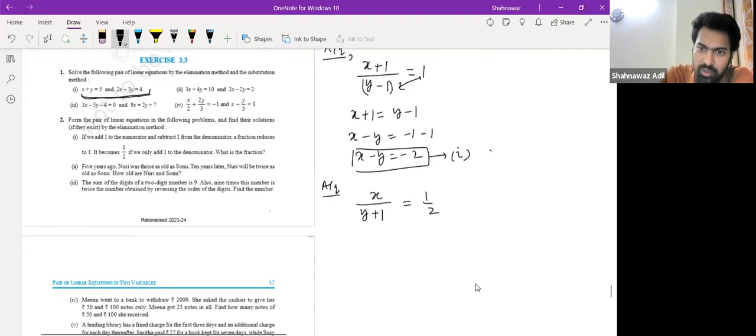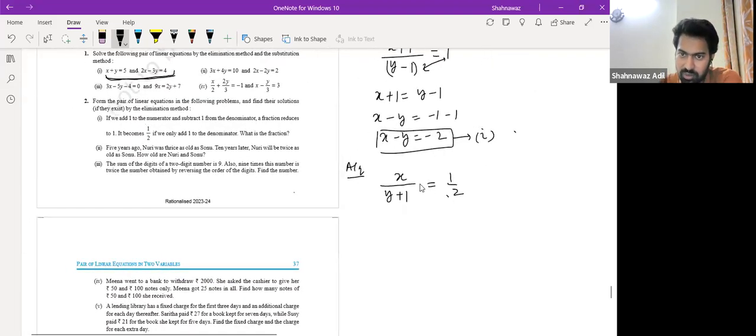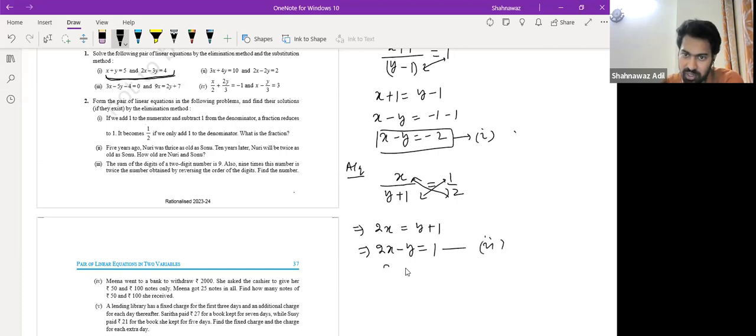Okay, so we have to use cross multiplication. So this will become how much? 2x is y plus 1. So 2x minus y is 1. This is the second equation. And the first equation is x minus y is minus 2.